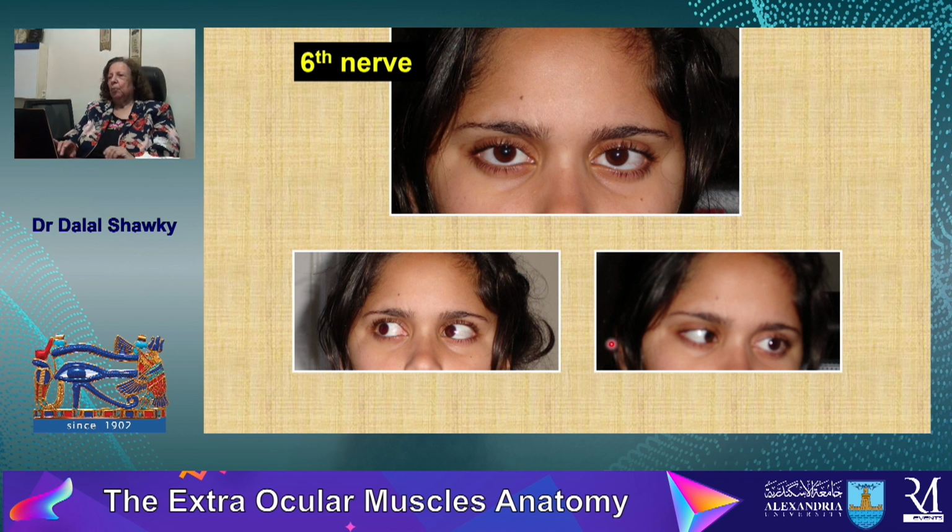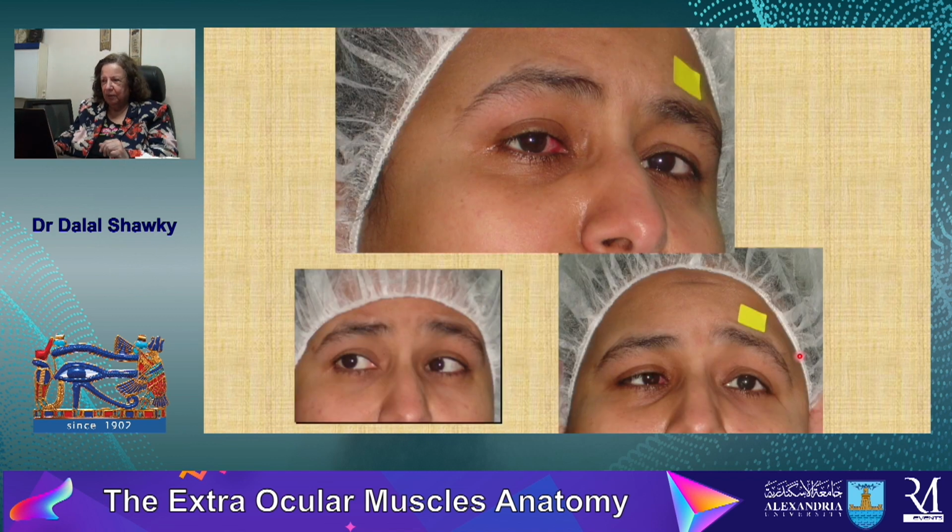Here is an example of sixth nerve palsy. The eyes seem parallel, but here when looking to the right, the eyes are parallel, but when looking to the left, there is defective adduction. This is well detected when we are testing the movement of the two eyes together, the version movement.